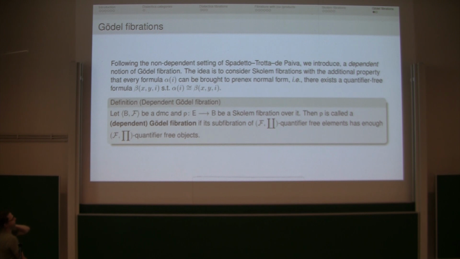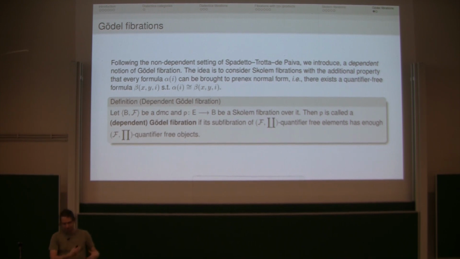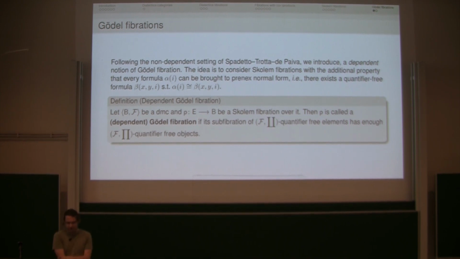So we need an additional property for that, which involves the co-product quantifier-free elements having enough product quantifier-free elements themselves, which gives you some idea of how all this alternation between sigma and pi comes into play here.